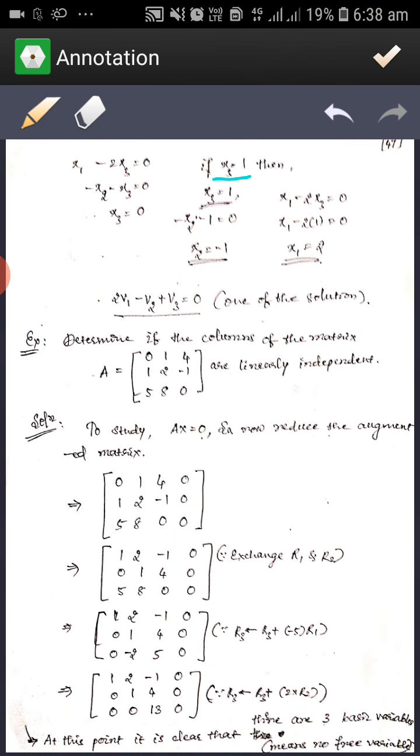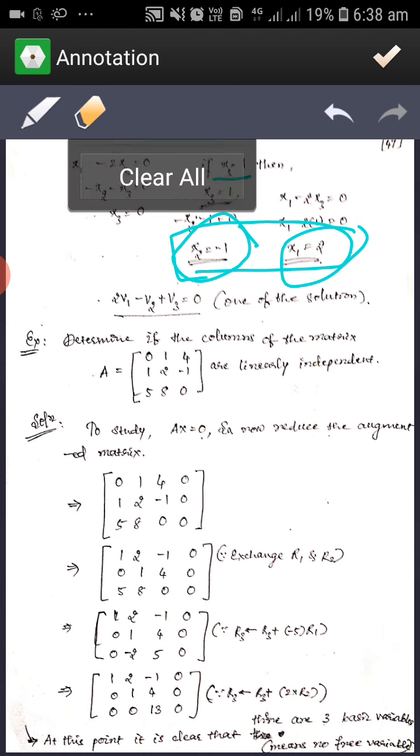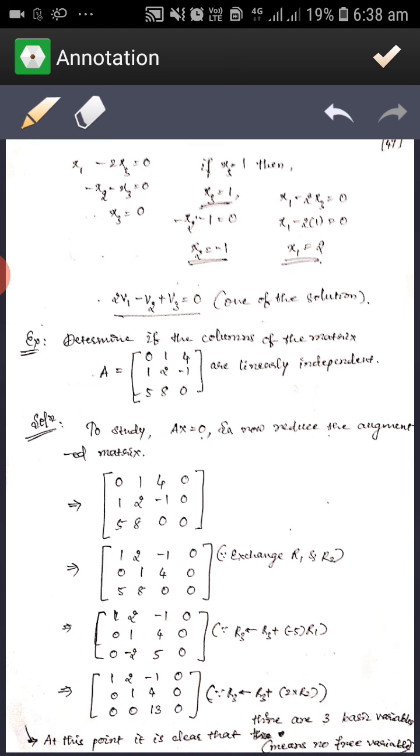If x3 is 1, then x2 is -1 and x1 is equal to x2, so these two are not zeros. We need to assume the x3 value and calculate the other values. So the equation you can give like this.